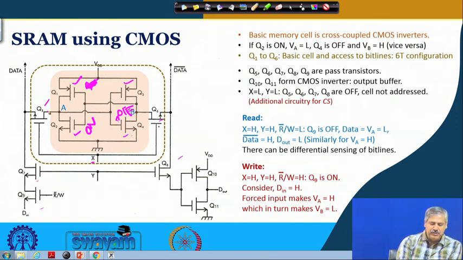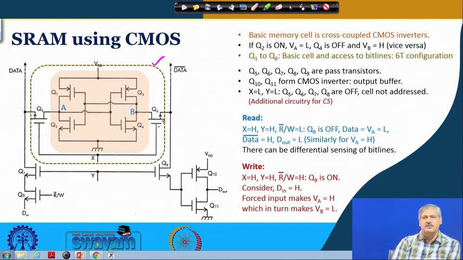So, the Q5 and Q6 make data available to this data and data bar lines, the bit lines. Okay. So, these are providing access to the data lines. Okay. So, this overall memory cell and two of these transistors providing access to the data line.